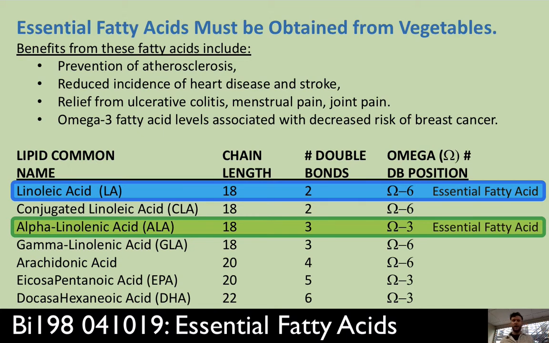Of course, menstruation is not a pathology itself, but having excessive pain associated with it is, as is ulcerative colitis, an inflammatory process. Joint pain is an inflammatory process. So having a rich source of these particular fatty acids in the diet can lead to the production of anti-inflammatory cytokines in the body that keep these processes more under control.